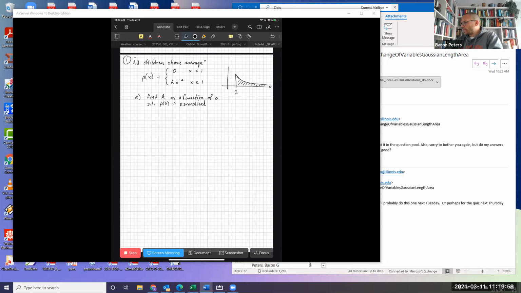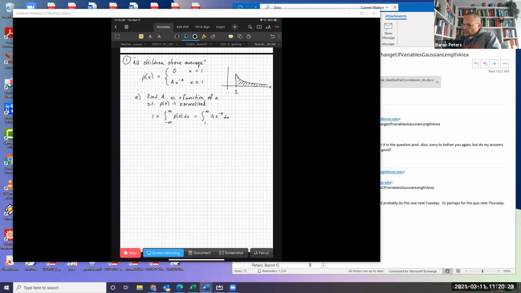All right, so let's go ahead and dive in. What does the normalization requirement say? It says that the integral over the entire domain of rho of x should be equal to 1. And if I now simplify that integral, I can write it as an integral from 1 up to infinity of A x to the minus a dx.